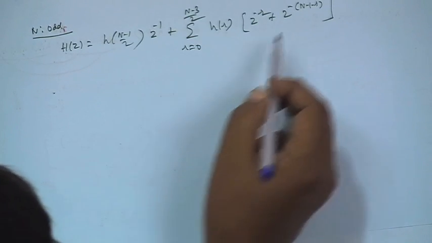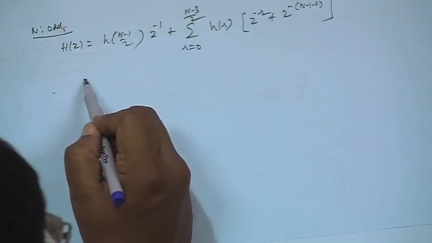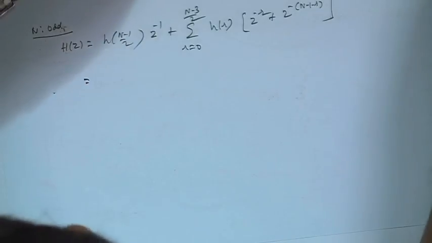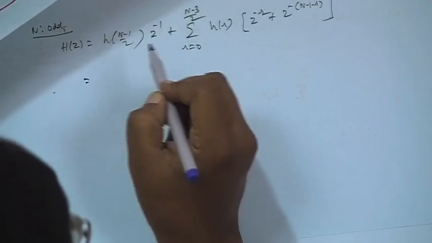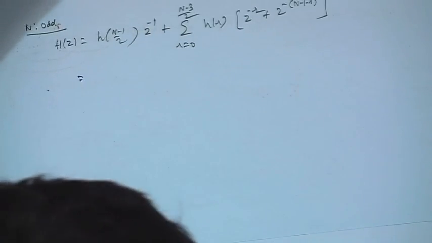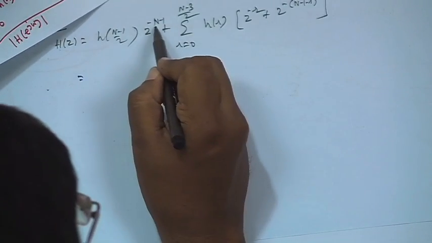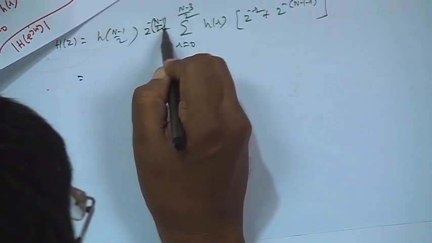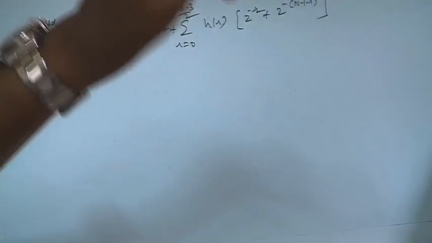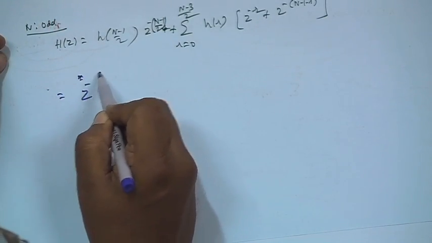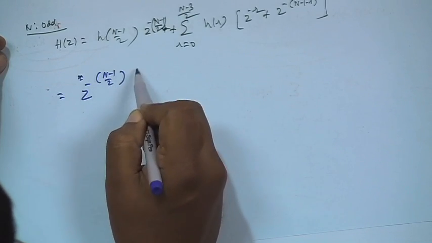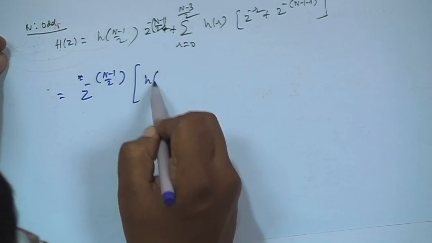Now, as before, I will take out, sorry, this is not z to the power minus 1, this is z to the power minus this part, N minus 1 by 2. So, from here also I take out this z to the power minus. So, this remains as it is.